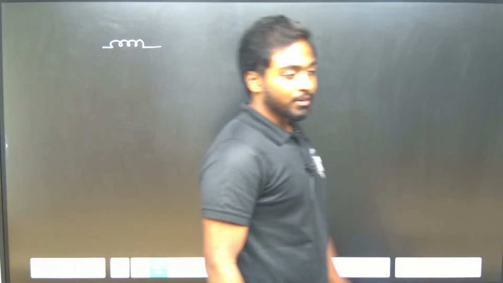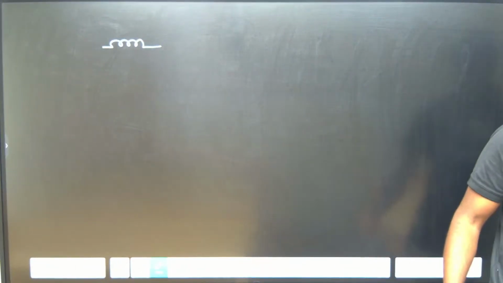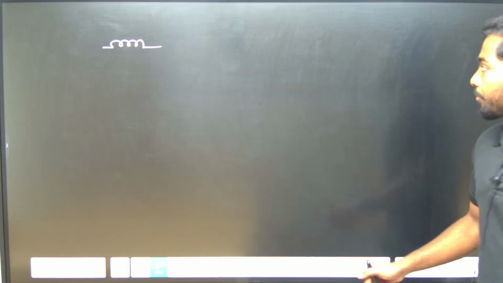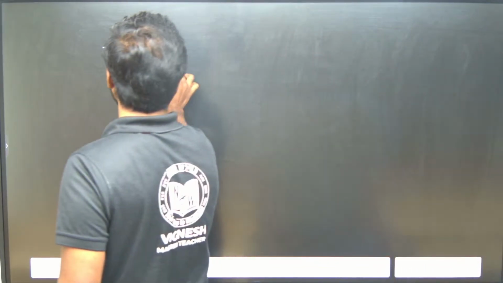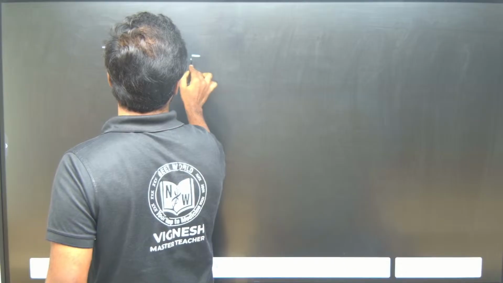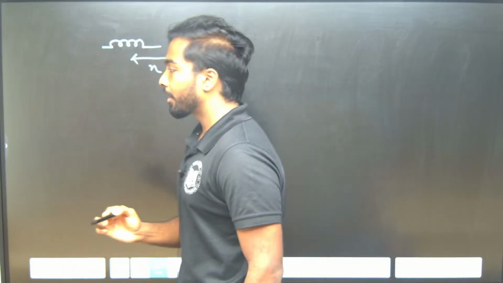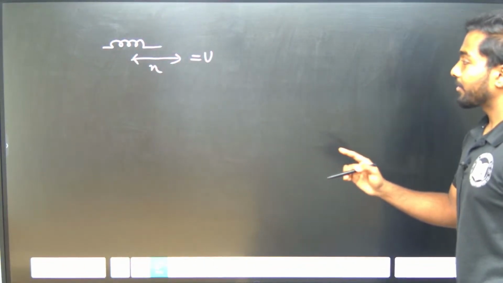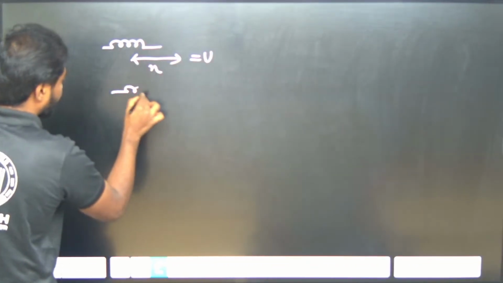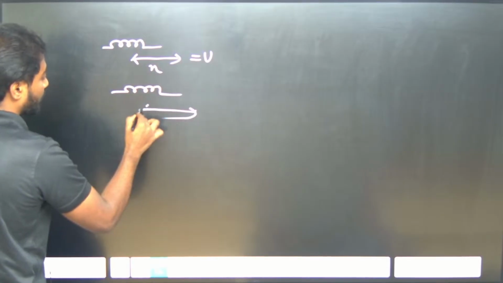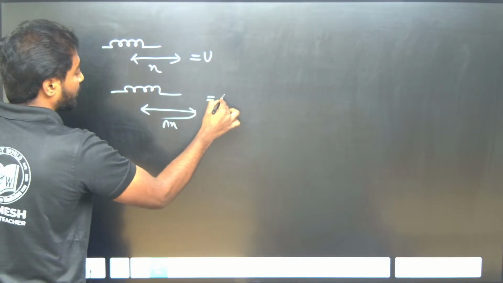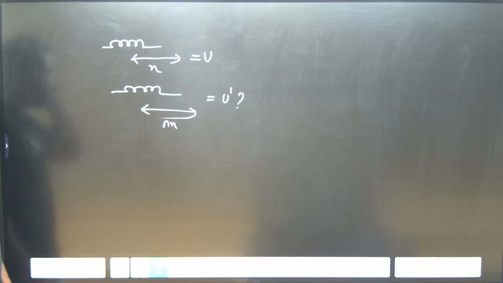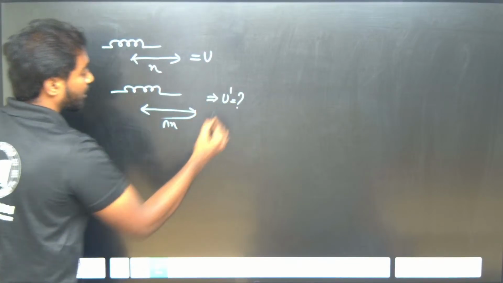Initially there is a spring stretched by a distance x with potential energy u. Now they have stretched this spring by nx. So what is the new potential energy?